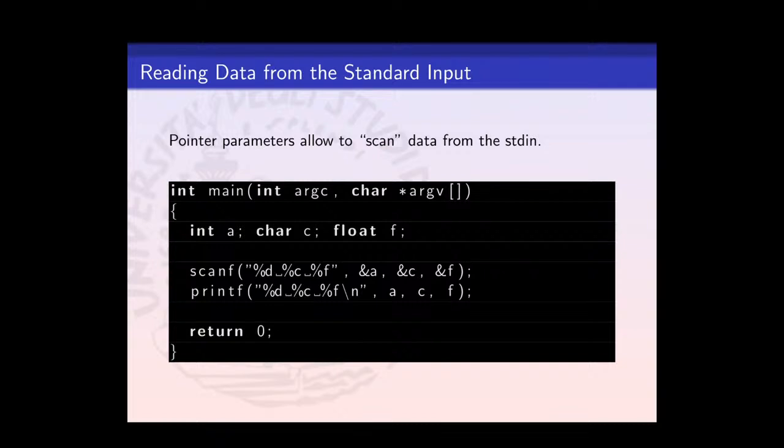For instance, let's focus on the printf function. By calling printf, for sure, we were not able to change the content of A, C, and F, because by calling a function, we were able to pass the content of the variable, but not change the content of the variable from inside the function itself.